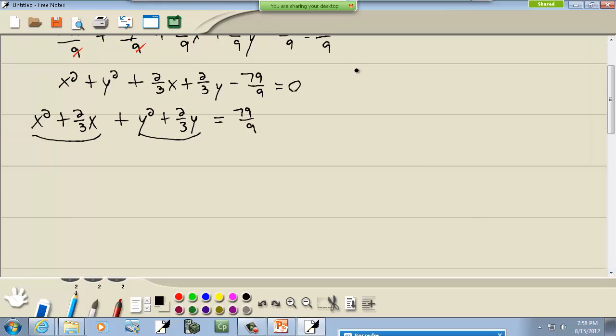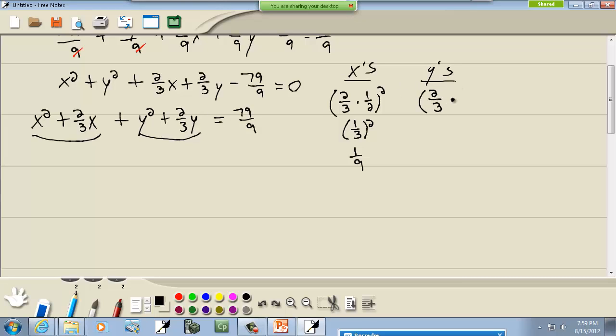Well, we want to complete the square. For the x's, take the number that's before the x, which is 2/3. Multiply it times 1/2 and square it. The 2 is going to cancel there, so we got (1/3)², which gives us 1/9. And y is actually the same on this one because the number for the y is 2/3.